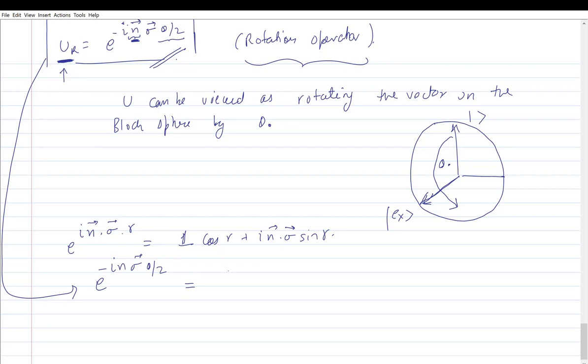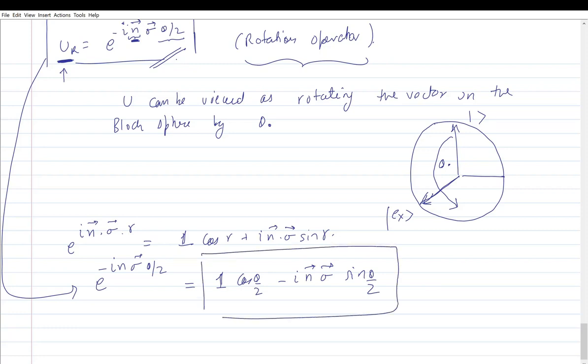Now gamma is theta by 2. That's going to give me, in fact, you can multiply this guy to any vector, and the vector you're going to get is a vector which is going to be rotated on the Bloch sphere by angle theta about the axis given by n.